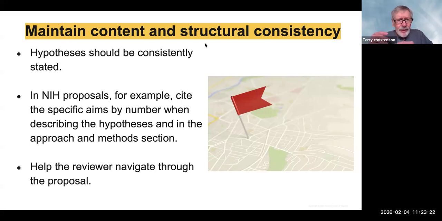Coordinate them so that I know that this research question or hypothesis that you're working on over here relates back to this particular aim. That will really help your reviewer and your panel member navigate through the proposal. If there is this consistency and this tying together of important aims, this is aim one, aim 1A, aim 1B, well, then use that terminology, use those labels later on so that they really understand how you're doing what you say you're going to be doing.